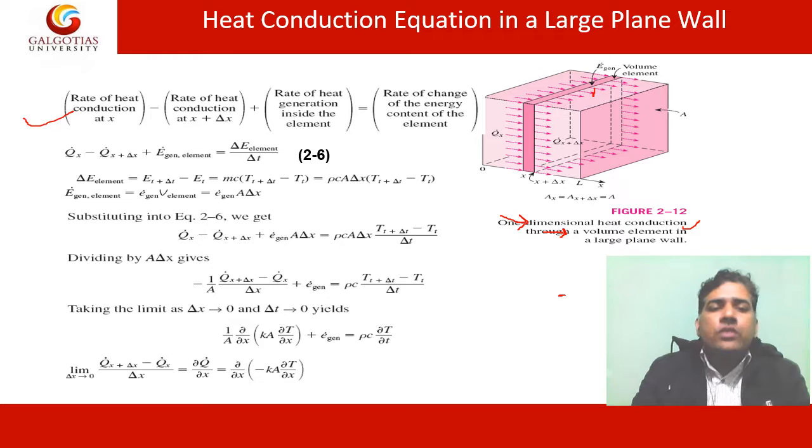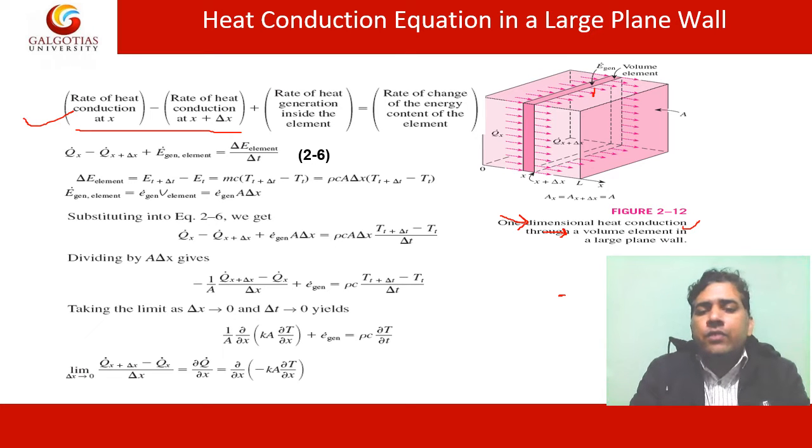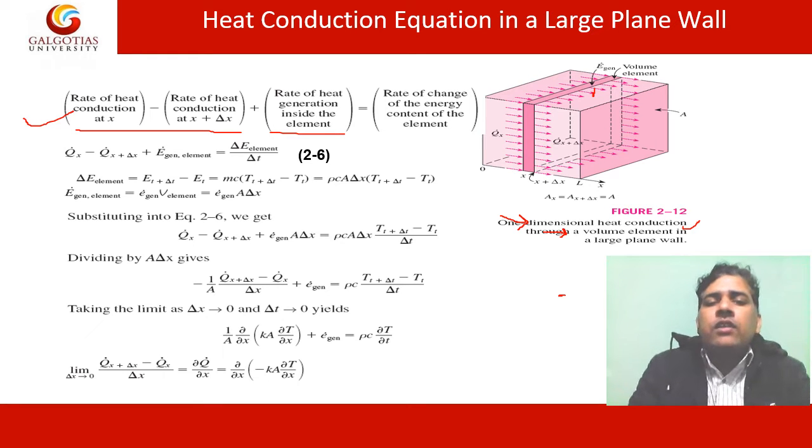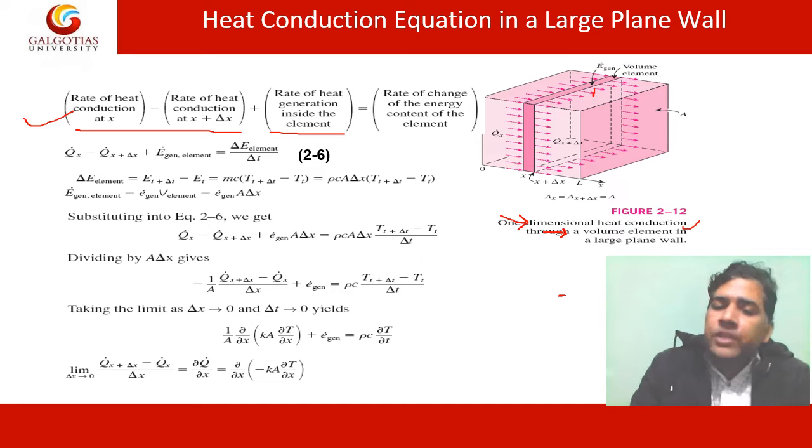Okay, so this quantity will reflect the change in the energy content of the system due to the heat conduction from one surface to another surface, and this quantity will represent the change of energy content of the system, because some heat is being generated there.